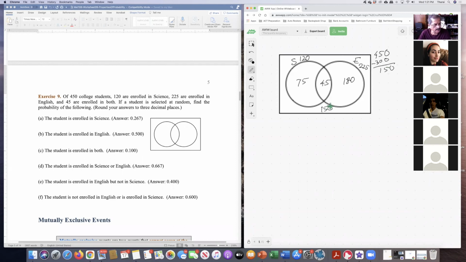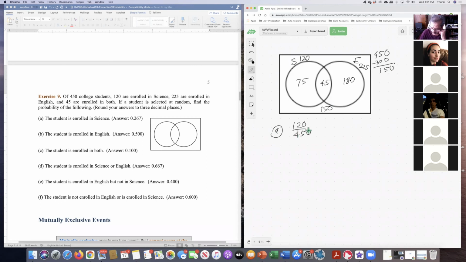Now the question A is, if I randomly select a student from this class, what is the probability that the student is enrolled in science? 120 over 450. Right.